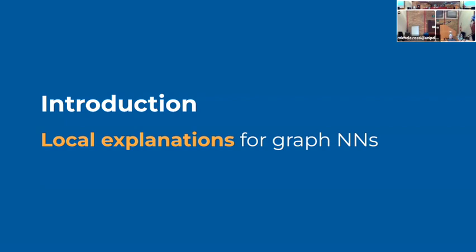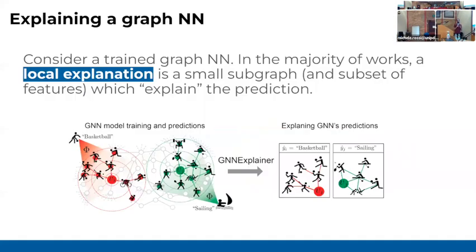Now, we're not talking about explainability in general, we're talking about explainability for graph neural networks. So given this, we'll focus on local explanations, and in particular on one type of prediction where the explanation itself is given by the part of the graph that was the most responsible for the prediction. So if I'm telling you, okay, this user is a bot, the explanation is the part of the graph that had the biggest impact.